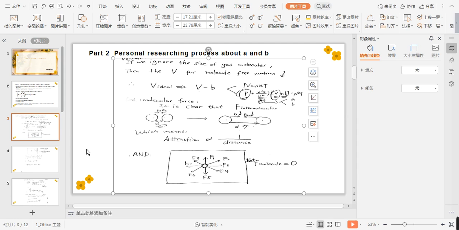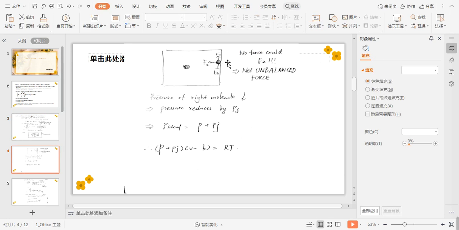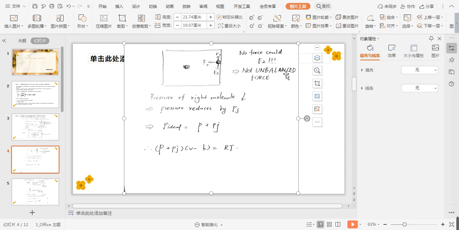I think they ignored one thing: the molecules close to the wall of the container. You can see this molecule. The F1 and F3 directions cancel, but in the F2 direction there is no force to cancel F2, so it creates a net unbalanced force on this molecule.